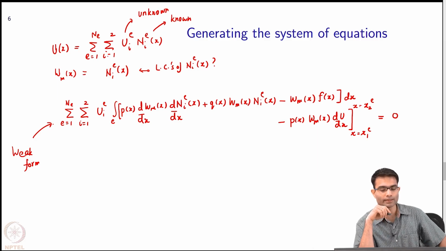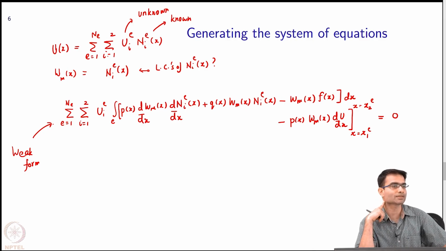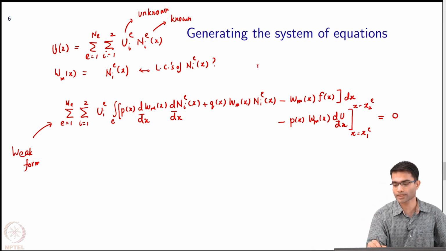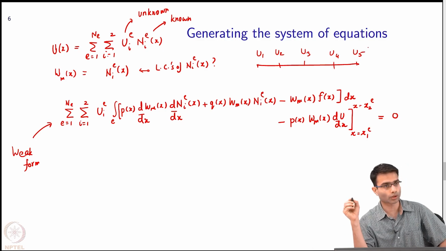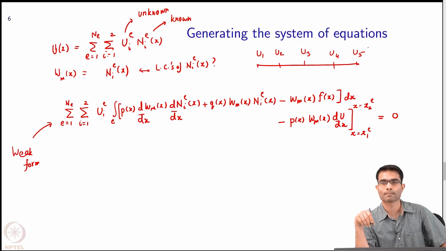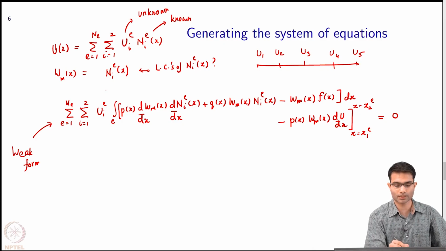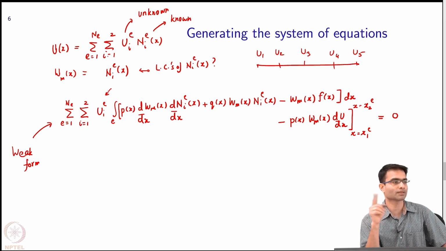Okay, so this is one equation, and how many variables will appear over here? As many of the ui's are there in this whole segment over here, from here to here. There are various, there's u1, u2, u3, u4 and u5. All of these guys are there. Do they all appear in this equation? They all appear in this equation. So what I have written are global numbers, and these things over here, these are local numbers, but there is a one-to-one correspondence between local and global and global and local.